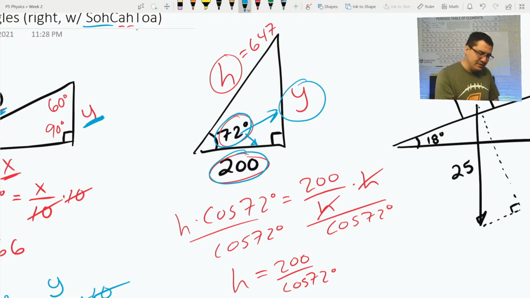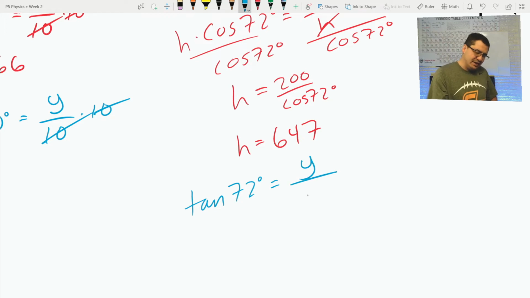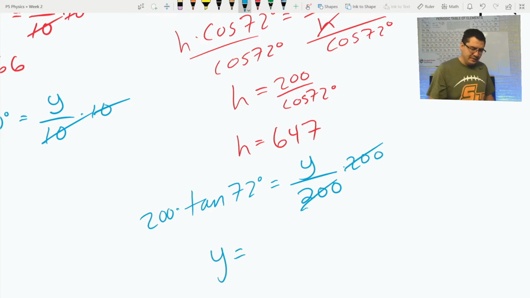And so I'm going to use tangent, TOA. So I can say the tangent of 72 is equal to the opposite side over the adjacent side, which is 200. Multiply by 200. Get y equals 200 tangent 72.